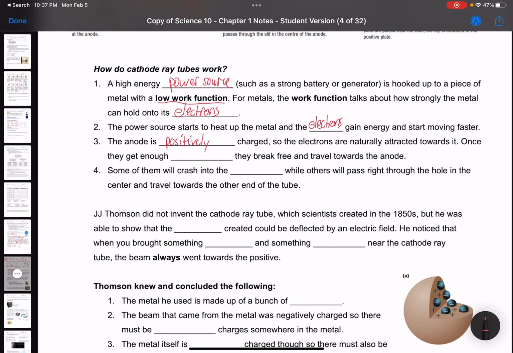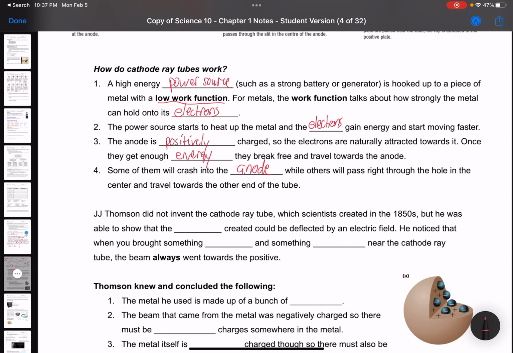Okay, so the electrons are attracted towards it. Once they get enough energy, they break free and they're going to travel towards that anode. So some of them crash into it, while others pass right through the hole that you see in the diagram, and then they travel towards the end of the tube.